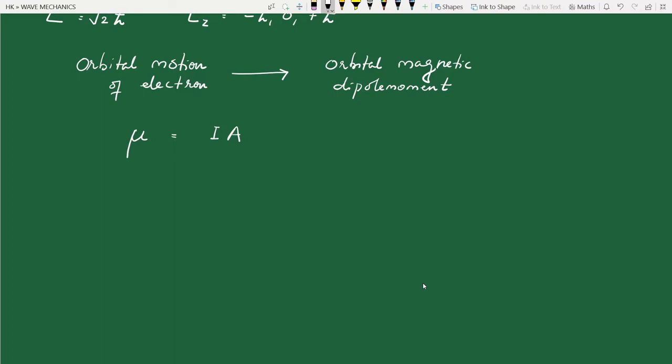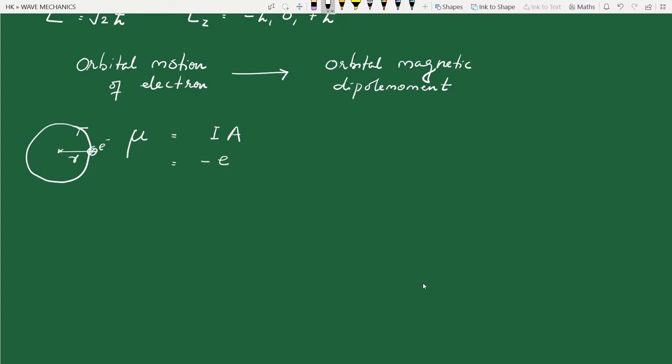Let us argue that the electron revolves around the nucleus in a circular path of radius r. This is the electron, something like this. So this is current into area of the loop, the area of the orbit.